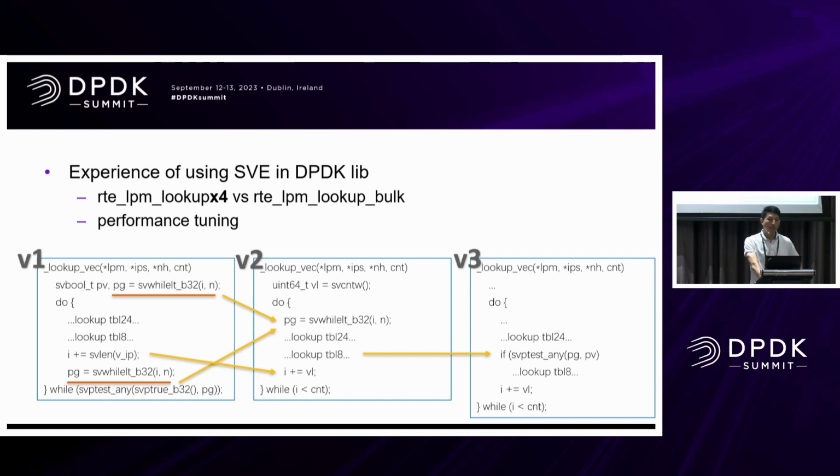We can write it in the previous way. It is safe because for lookups that don't need to happen for table 8, the predicates will be 0. So that is safe, but that will also cause some overhead. So we moved it to this way. The lesson I learned is that the logic will work, but we need to consider the overhead.